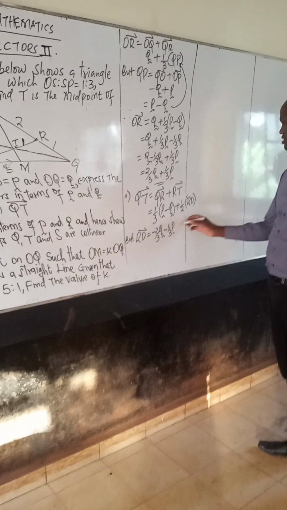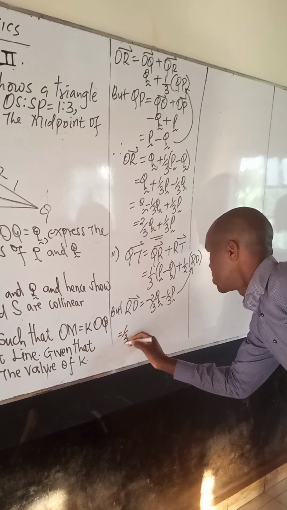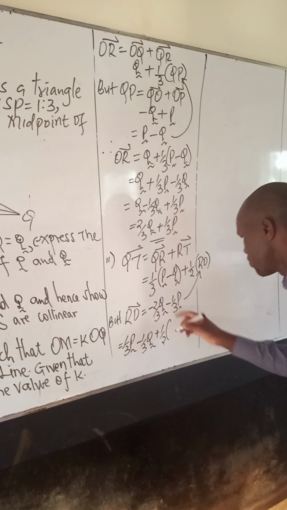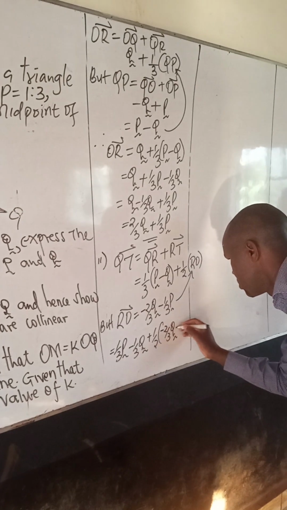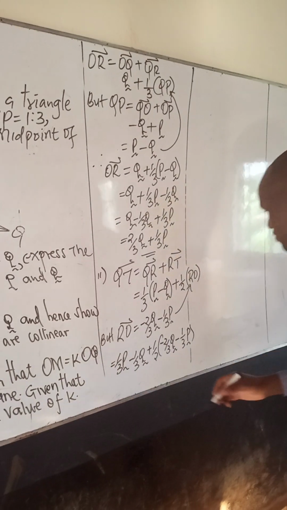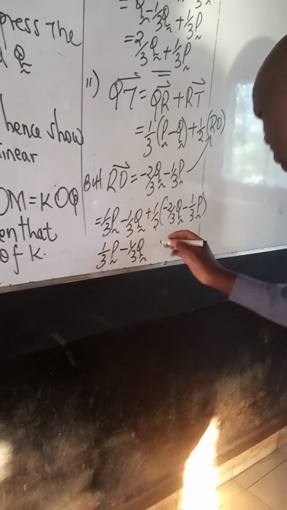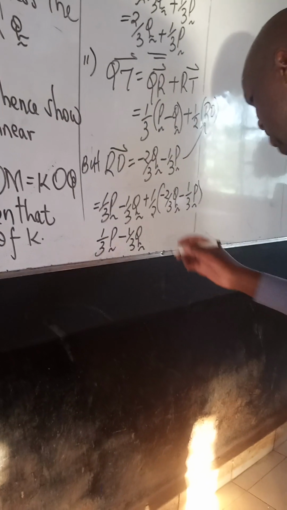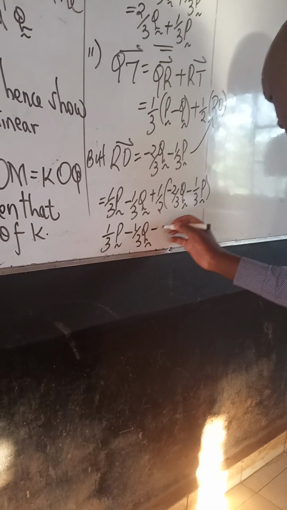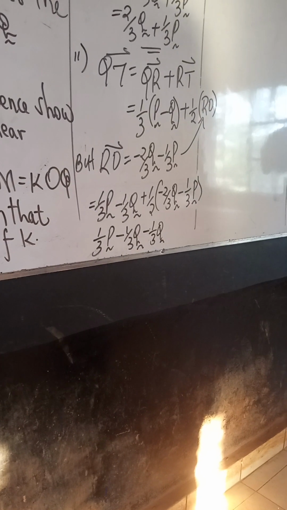So if I substitute it here and open this bracket, I get a third P minus a third Q plus a half of RO, which is minus 2 over 3 Q minus 1 over 3 P. So this will be a third P minus a third Q. This positive times negative will be a negative, so that will be minus 2 over 6, which of course will cancel to get minus 1 over 3 Q. Yes, correct.